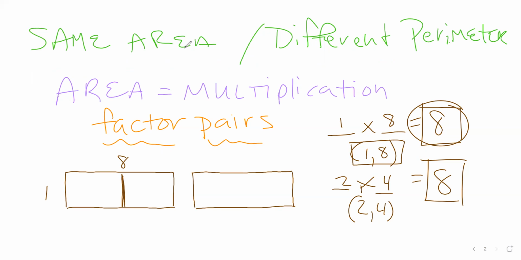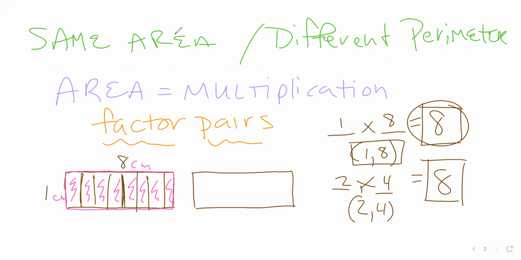Counting them, 1, 2, 3, 4, 5, 6, 7, and 8, so the area of this rectangle is 8. For the sake of this, maybe we'll call them centimeters.